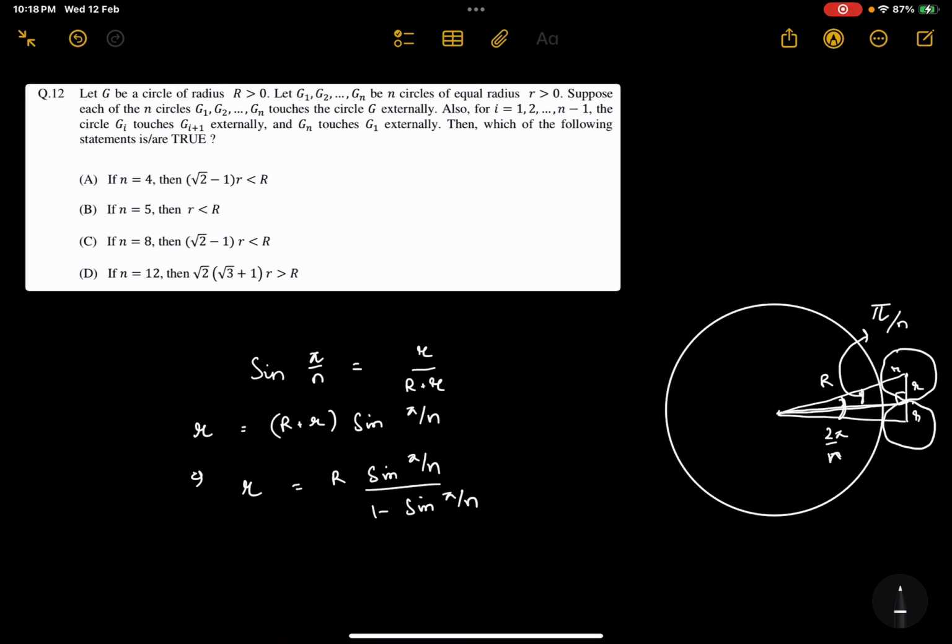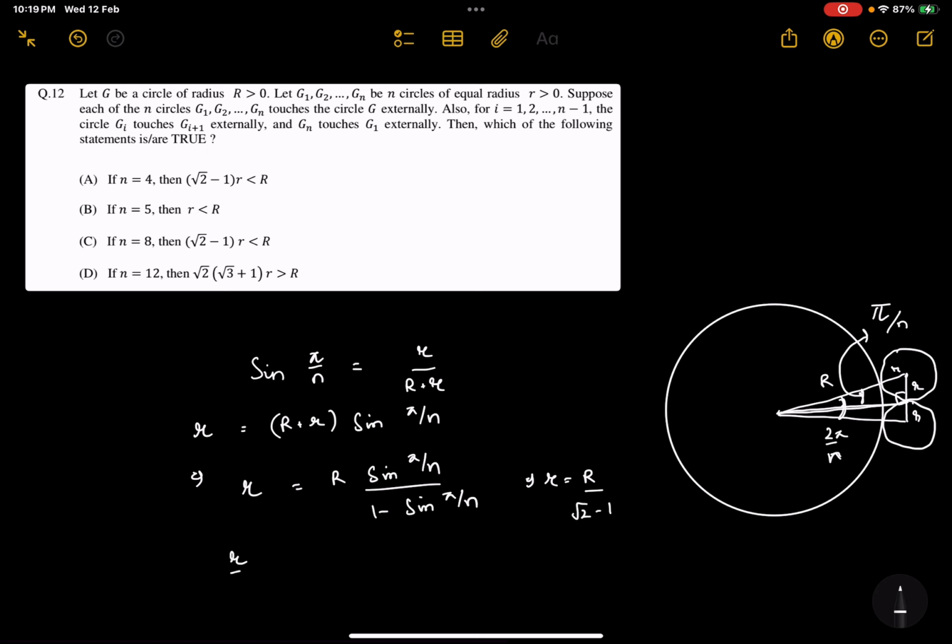So at n equals 4, we'll have r equals R upon root 2 minus 1. So A option is incorrect because r times root 2 minus 1 is capital R.